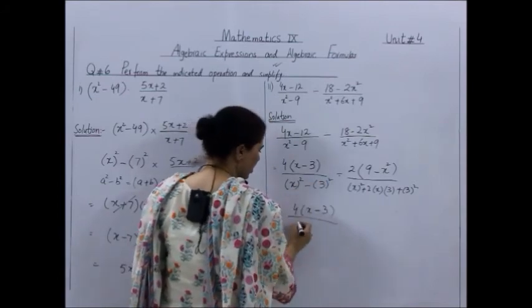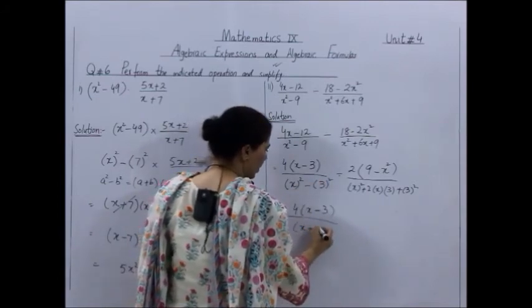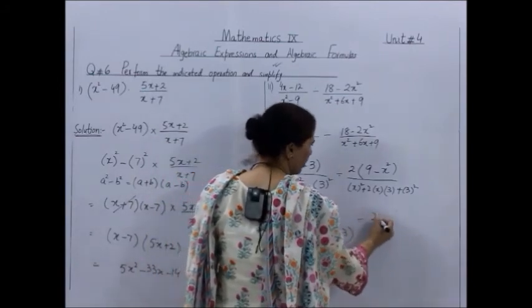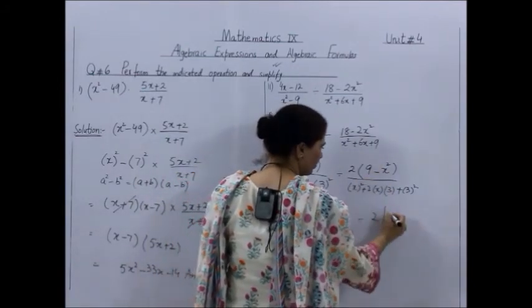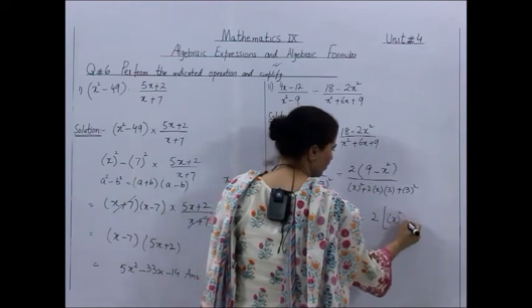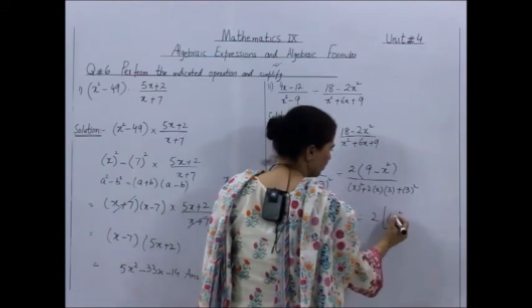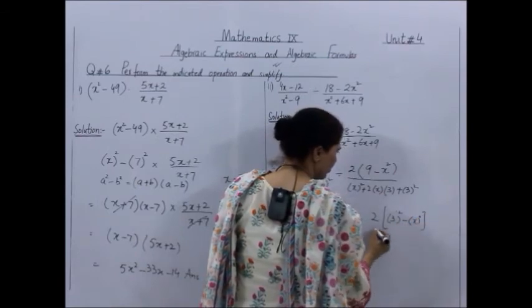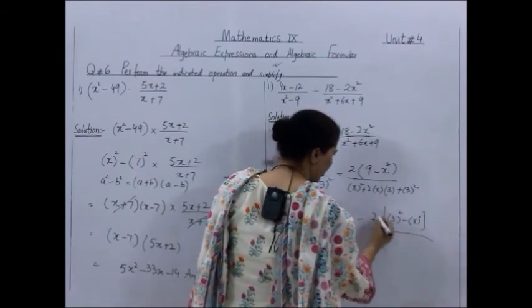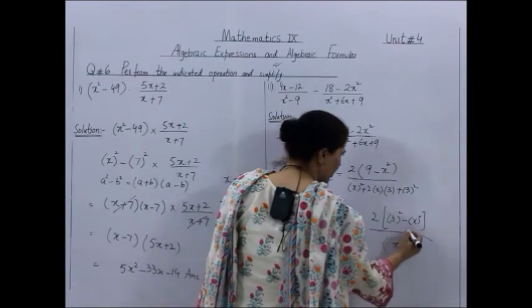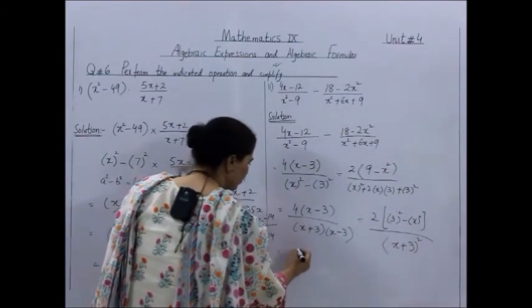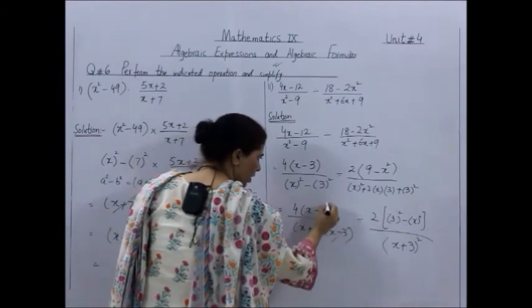A square minus b square will be a plus b, a minus b. Again, this will become x plus 3 whole square. Cancel out.